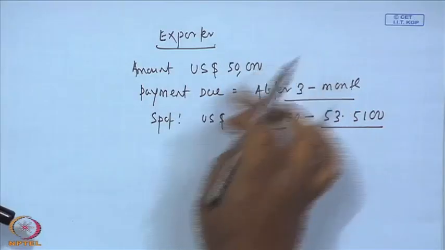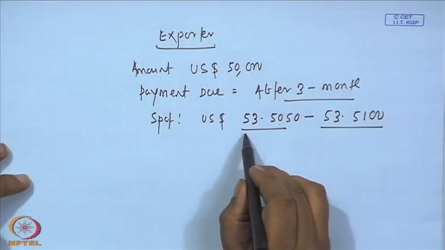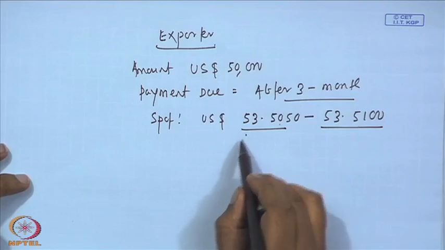Now, after 3 months he is getting paid, so this rate may not be valid. After 3 months, what will the spot rate be? We do not know. If the rupee depreciates, the Indian company will get more rupees. If the rupee appreciates, the Indian company will get fewer rupees, and there is a transaction risk involved here.